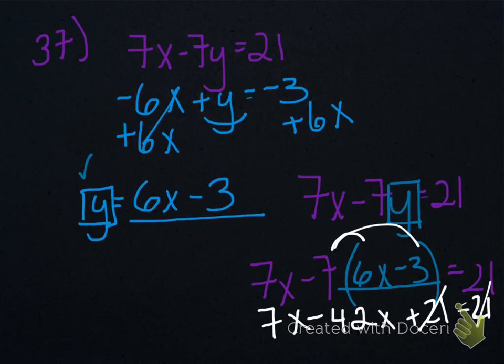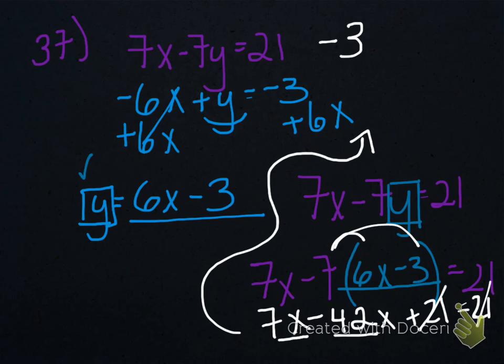So now I'm going to shift over to the next page, or maybe I can squeeze in this little space. What do you think? Can I do it? Let's try it. I have on the left 7x and a negative 42x. Just doing a quick calculation, I do believe that is negative 35x equal to 0.